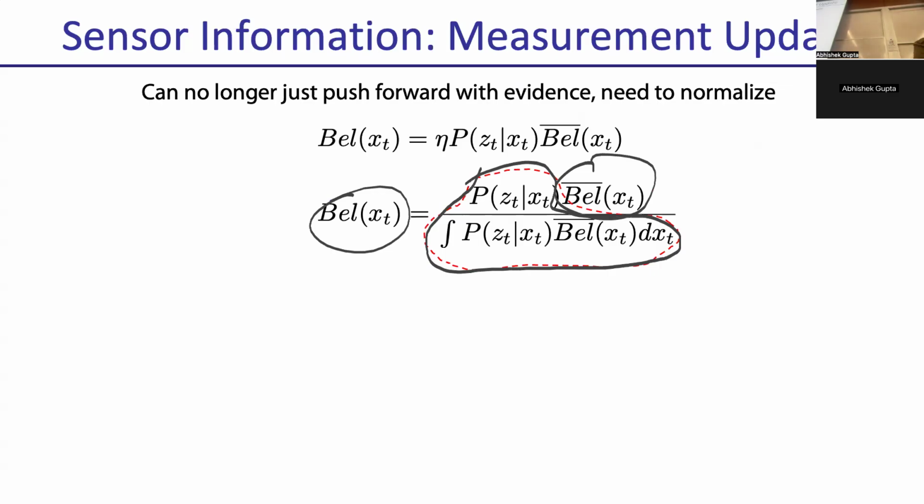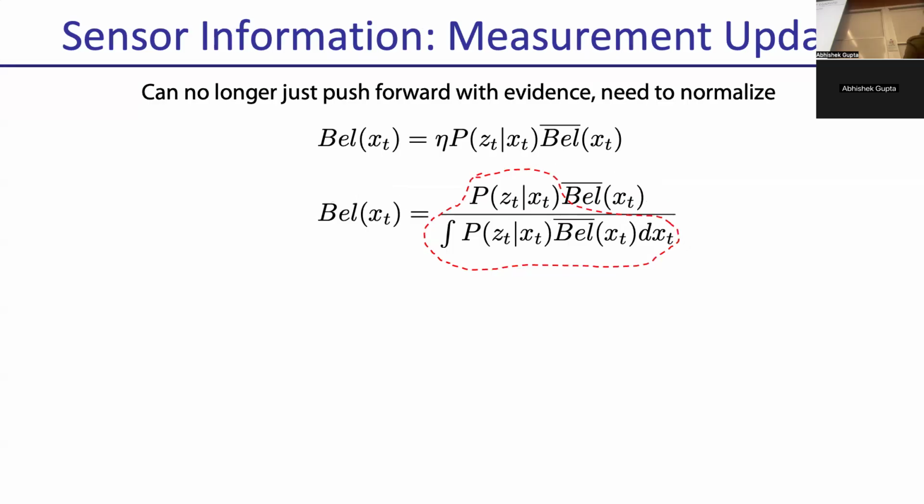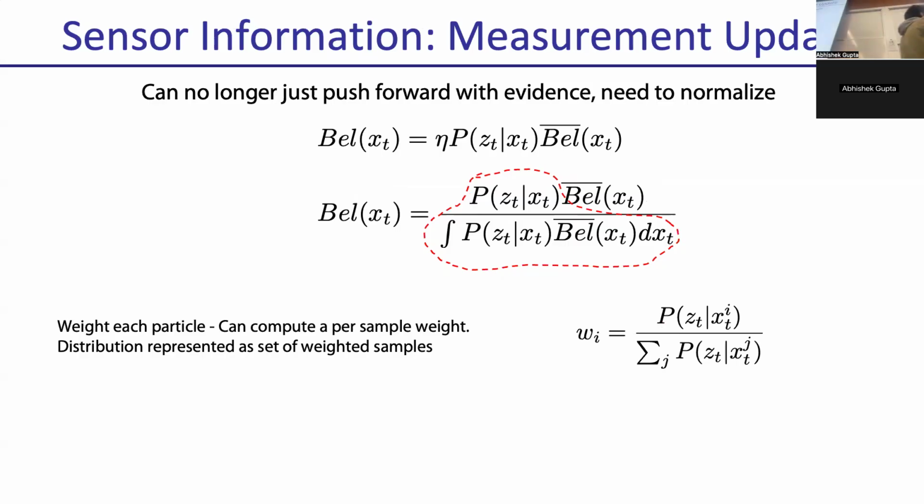So you reweight belief bar by this P of Z by a normalizing factor. And so if I can just add a weight to every particle, then all I need to do is reweight based on the measurement, right? I'm not going to move the particles, I'm just going to reweight.